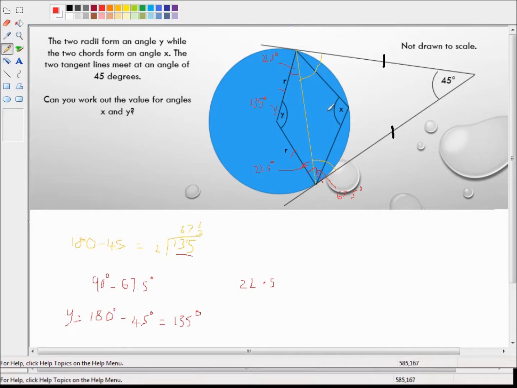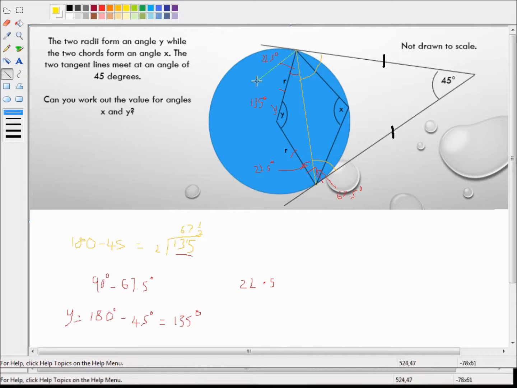Now it might be tempting to say, oh, opposite sides of a cyclic quadrilateral, but we can't because this is not a cyclic quadrilateral because it meets at the centre. However, if we, let's pick a different colour, let's pick yellow, bright yellow, that should stand out.